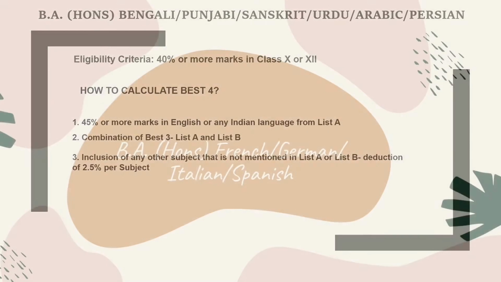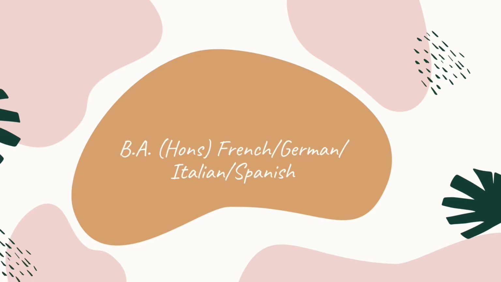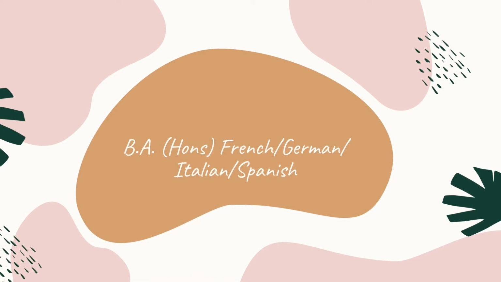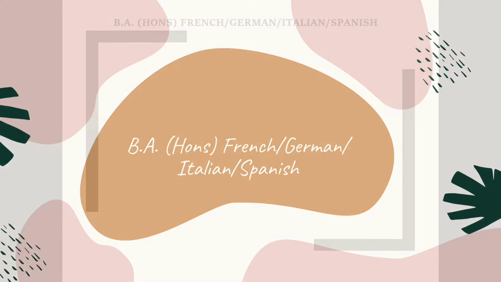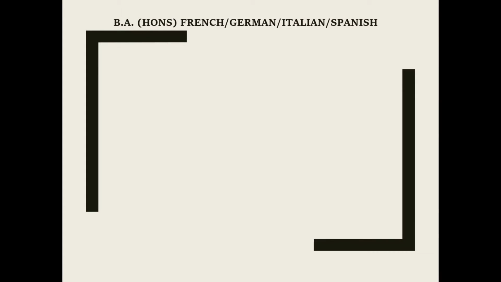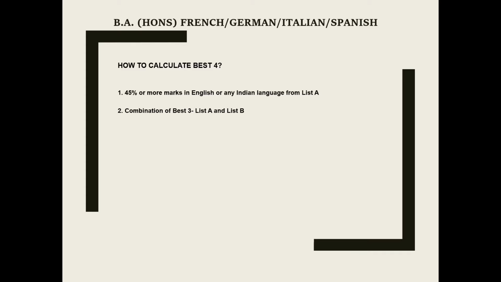Let's talk about the next courses we have in line, which are BA honors in French, German, Italian or Spanish. For these courses, we do not have any eligibility criteria as such. So we'll straight away go to the calculation of best 4. How do you calculate your best 4 marks? You take your marks in English or any other Indian language from list A, which should be more than 45%.